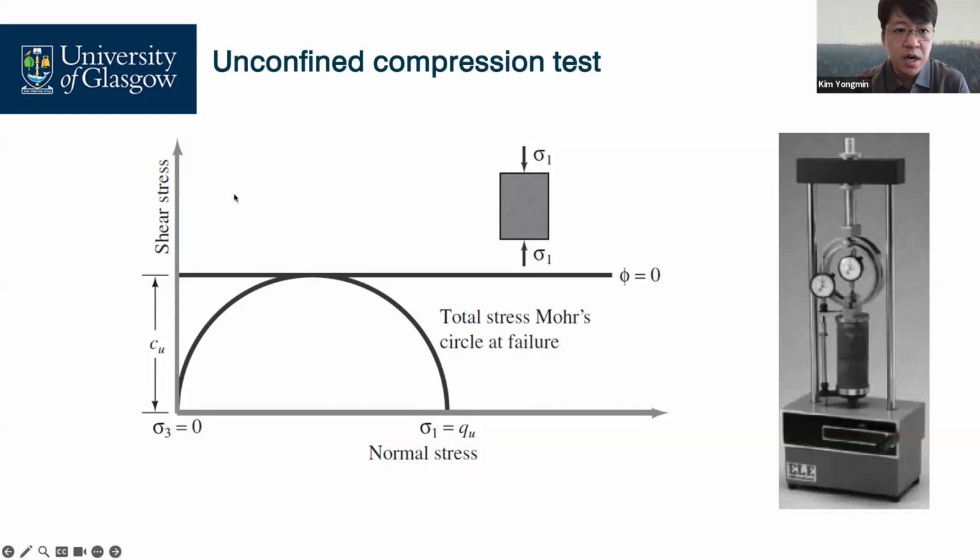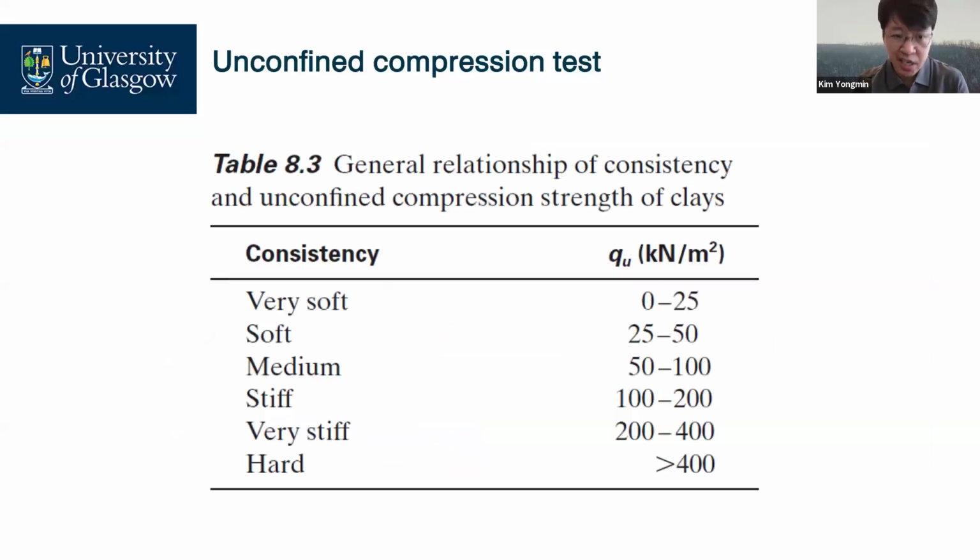So these unconfined compression tests are done quite quickly and it is easy to obtain properties and easy to guess the consistency. Oh, this is quite soft, and this is very hard.